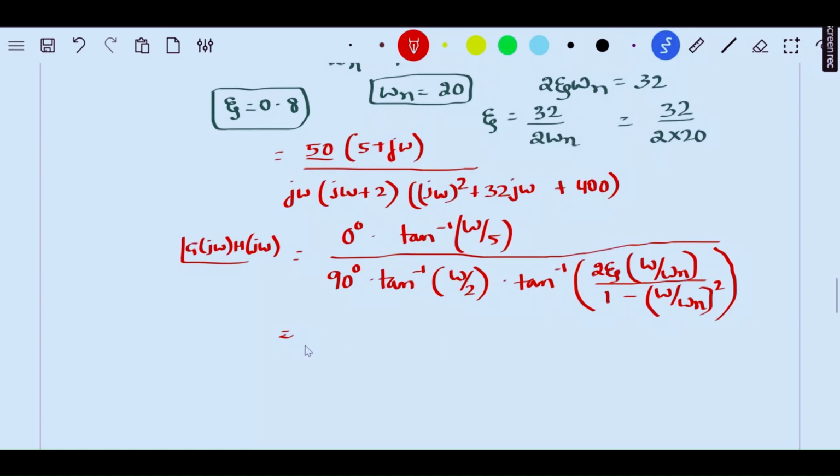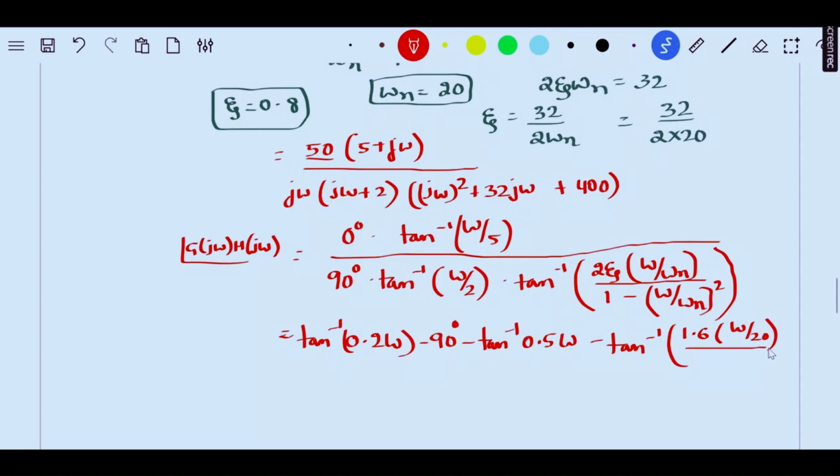Substituting that, finally the angle equation will be tan inverse of omega by 5, which is 0.2 omega, minus 90 degree, minus tan inverse of omega by 2, which is 0.5 omega, minus tan inverse of 2 into 0.8, which is 1.6 into omega by 20, divided by 1 minus (omega by 20) the whole square.